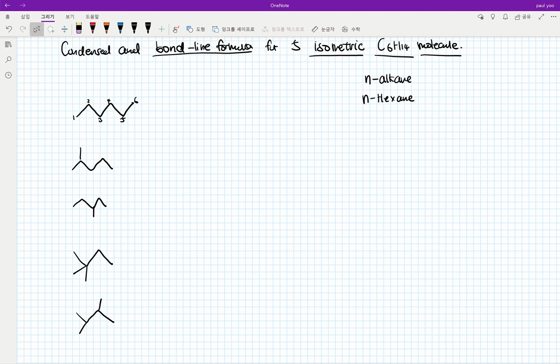And the condensed formulas will be CH3, CH2, 4, CH3, and CH3, 2 of them, CH2, CH2, CH3, and this one wouldn't have any suggested, because it has a branch.